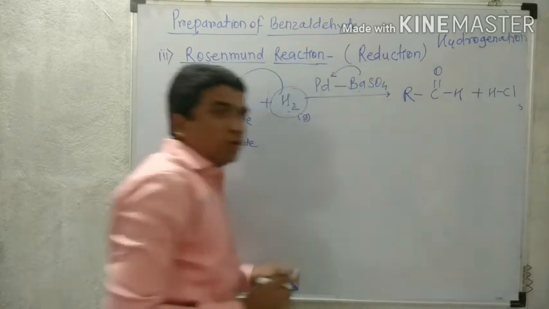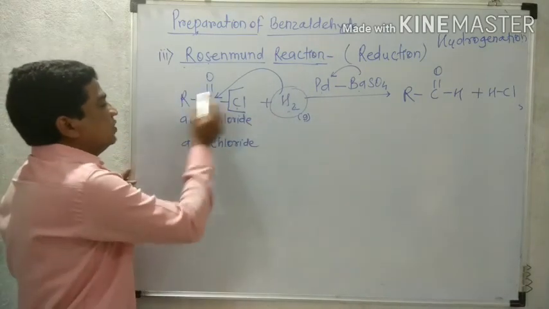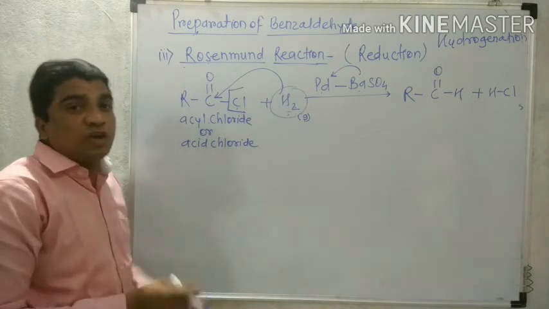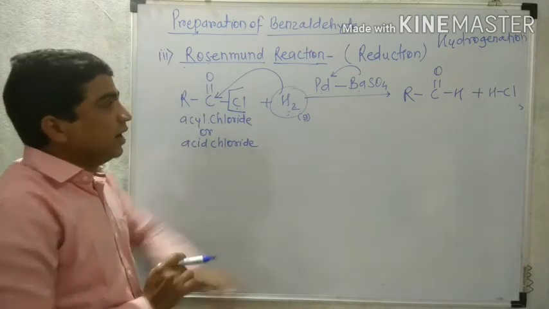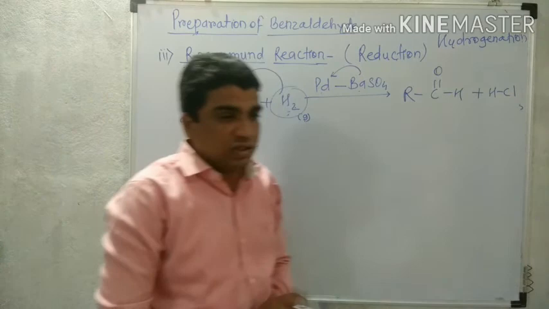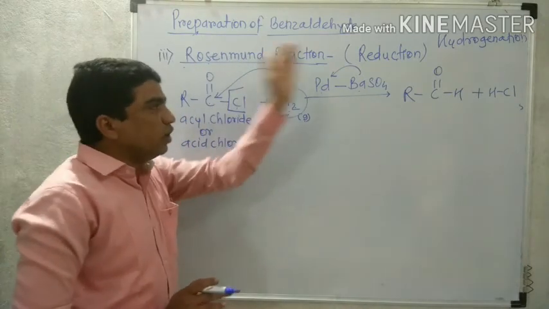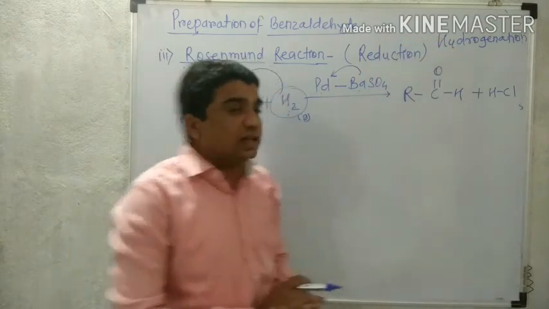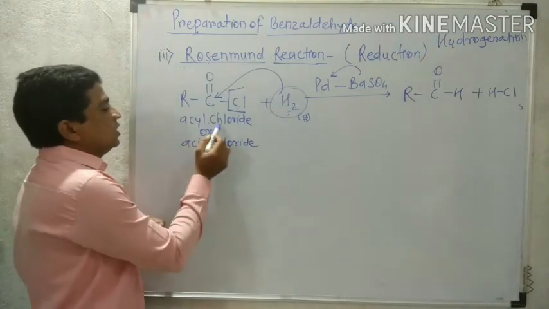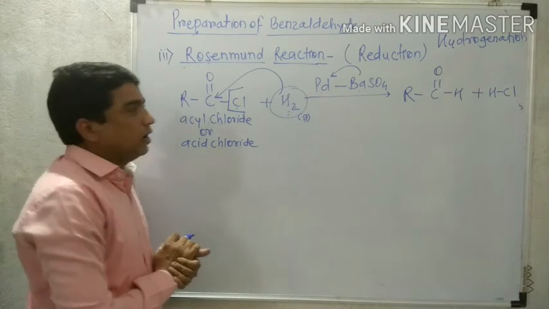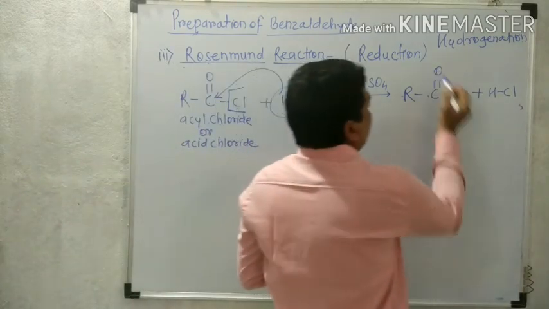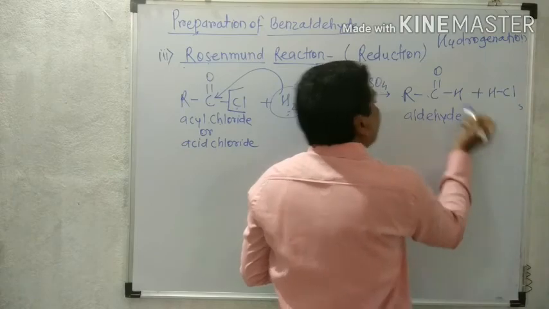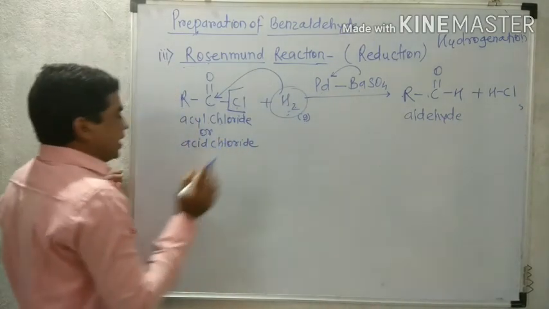Why is this reaction also called hydrogenation? Because acyl chloride reacts with hydrogen gas. Where the addition of a hydrogen molecule takes place, that reaction is called hydrogenation. Therefore, it is the Rosenmund reduction reaction or the Rosenmund hydrogenation reaction, for acyl chloride or acid chloride. So RCOH means aldehydes are obtained, and those aldehydes may be aliphatic or aromatic.